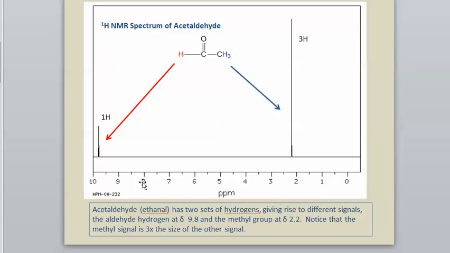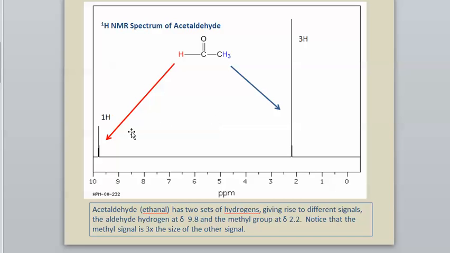The fact that we get a resonance almost at 10 is certainly consistent with an aldehyde hydrogen. And just like we saw with acetone in the previous slide, when you have hydrogens on a carbon next to a carbonyl, we expect that resonance to be a little bit over 2 parts per million.